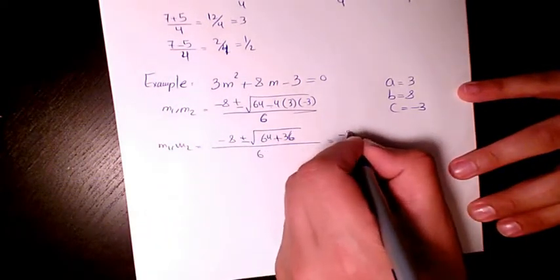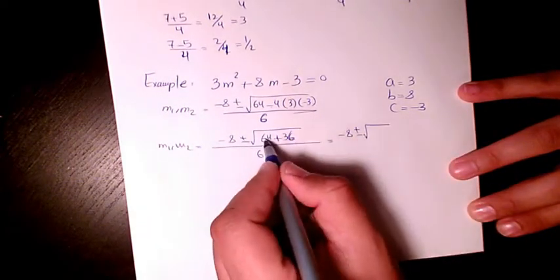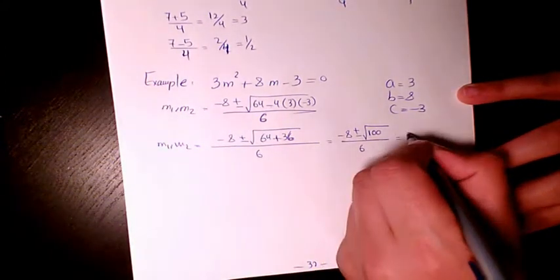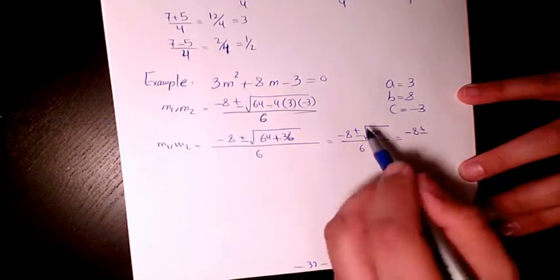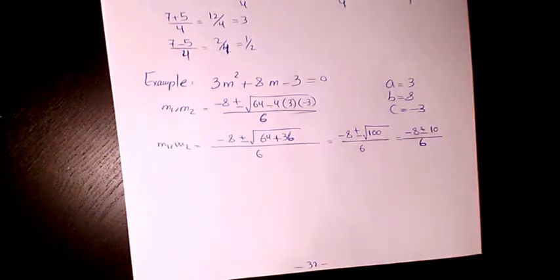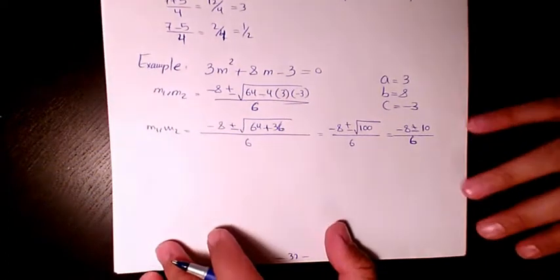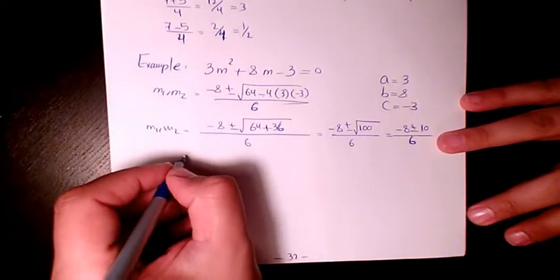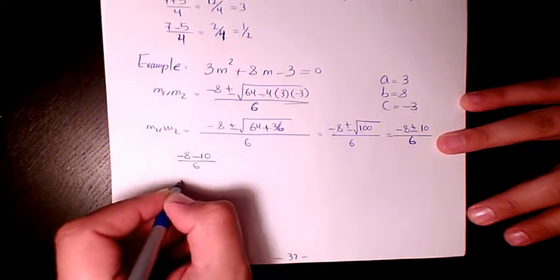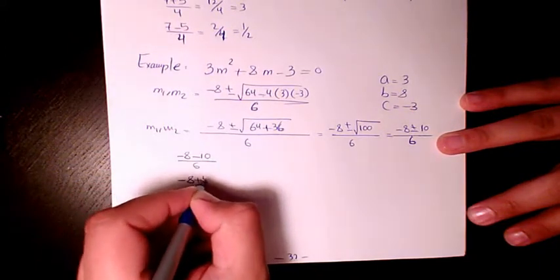So we have negative 8 plus minus square root of 64 plus 36, which is 100. So that will be negative 8 plus minus square root of 100, which is 10, over 6. So that will be negative 8 minus 10 divided by 6, and the other one, negative 8 plus 10 over 6.